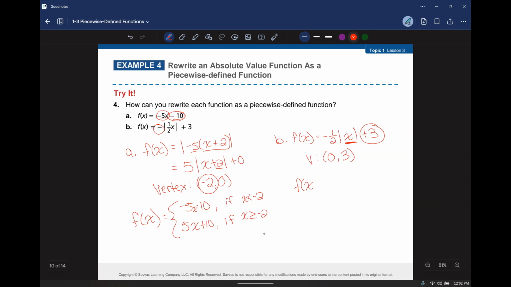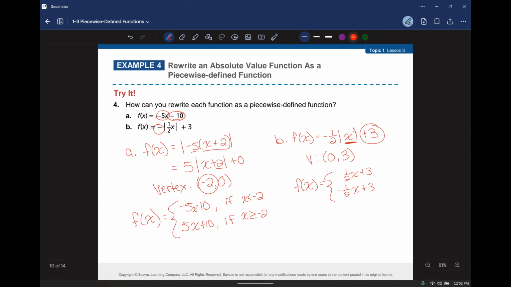Now we have a number out back there. So I have f of x equals two equations. The first is going to be -1/2 x plus 3. Not the negative, though. That's going to be on the second one. And then -1/2 x plus 3. Now, why did I not change the 3?